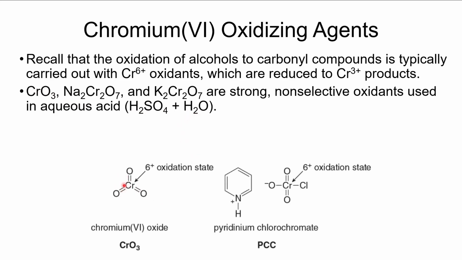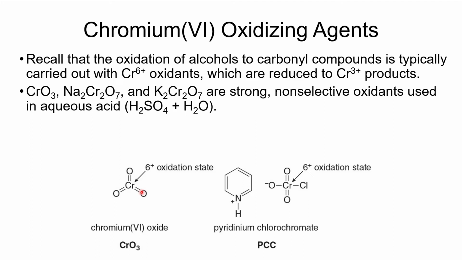So here is the chromium 6 oxide. One thing I want to point out about that chromium 6, its oxidation state is +6, but that doesn't mean that its charge is +6. It turns out that those chromium oxygen bonds are covalent bonds and not ionic bonds.